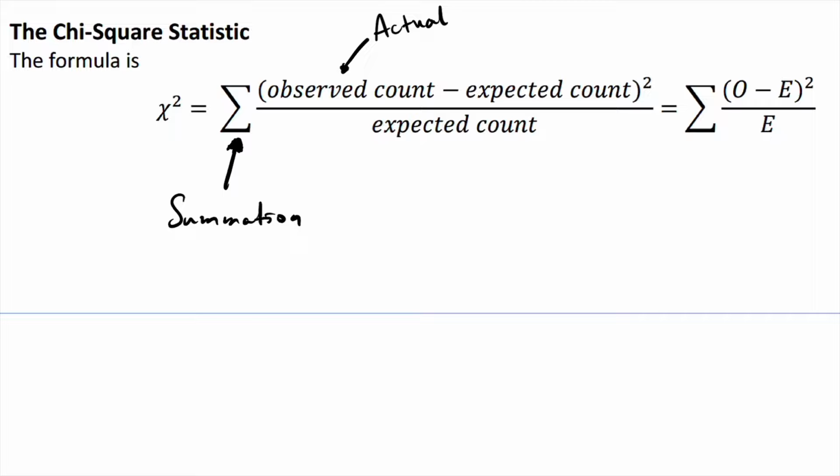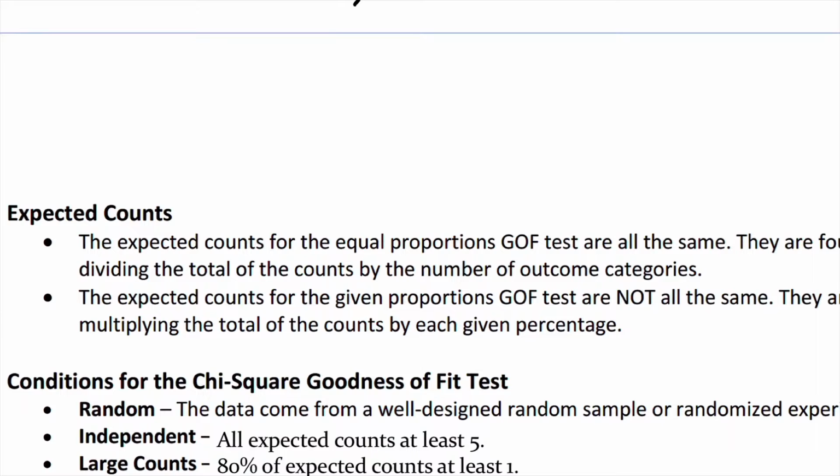Grand total, summation, which is a fancy word for grand total. Okay. All right. This is going to be the formula we use, which will also be the test statistic, and we'll use for our calculations.